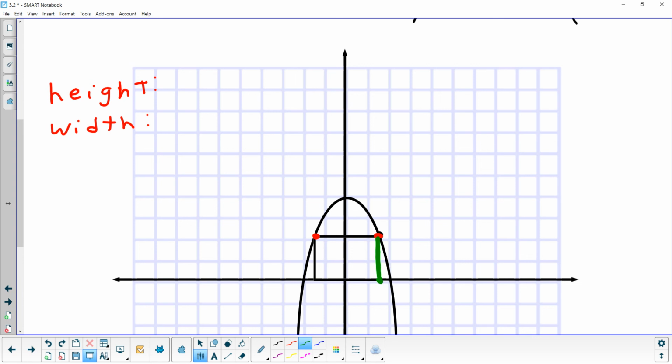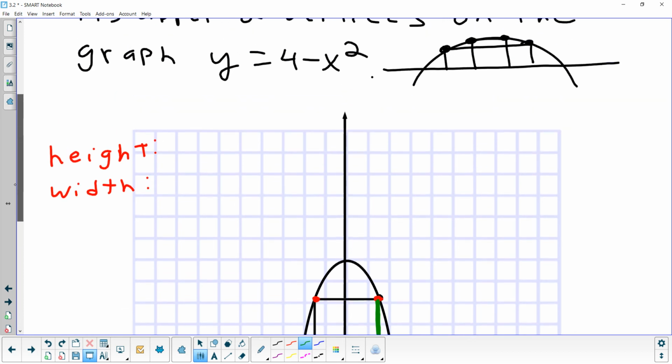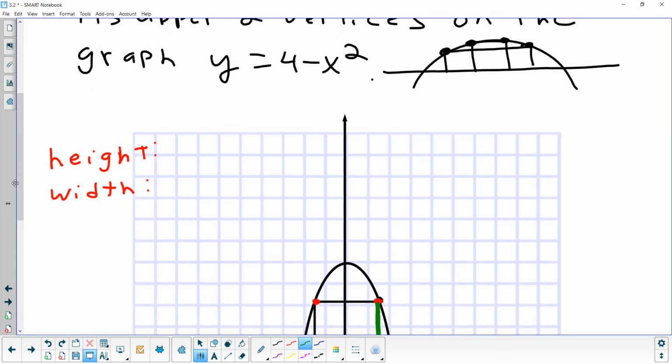Would you use the calculator and use like the list of the max value? And what would you be plugging the x value into? The formula. Yeah, this formula tells you how high your y value is based on plugging in an x value. This tells you the height of the rectangle.